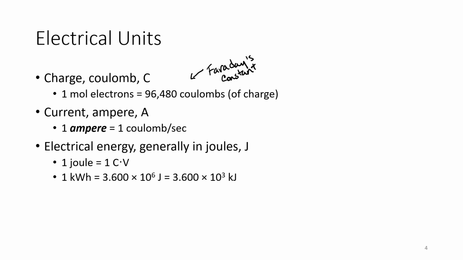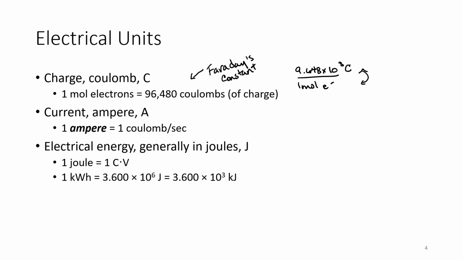Well, this is saying that we have 2 values that are equal to each other. So remember, we can use that as a conversion factor. That 9.648 times 10 to the 3rd coulombs per 1 mole of electrons, or we could write that as the inverse of that, 1 mole of electrons per 9.648 times 10 to the 3rd coulombs, depending on what we're trying to get.